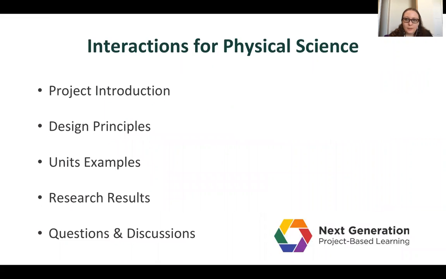So today what I plan to talk with you about is just give you a little bit of an introduction to the Interactions project. We'll talk a little bit about some of the design principles behind the development of our curriculum. We will provide some examples of our units and show you how students move throughout the units to gain deeper understanding of those three-dimensional performance expectations and the physical science standards for the NGSS.